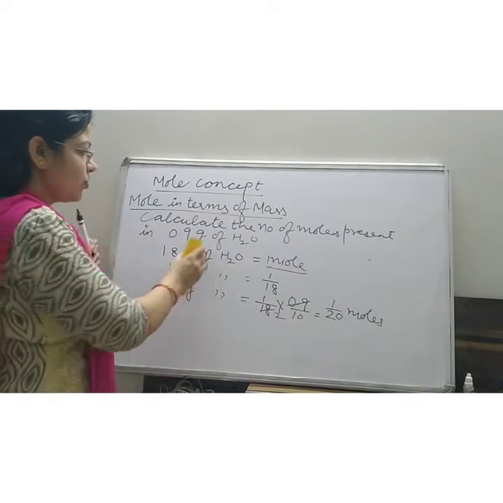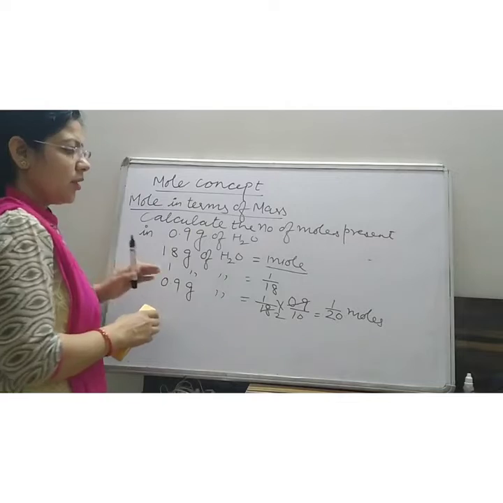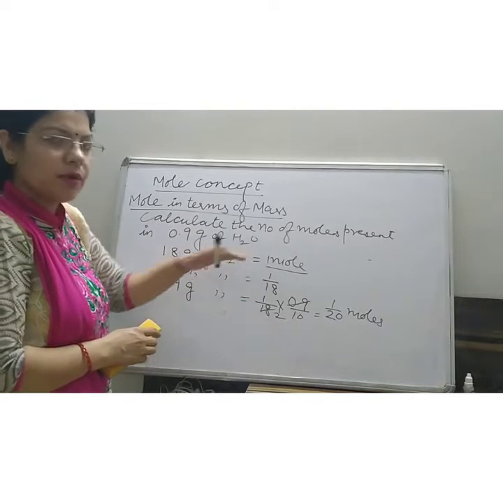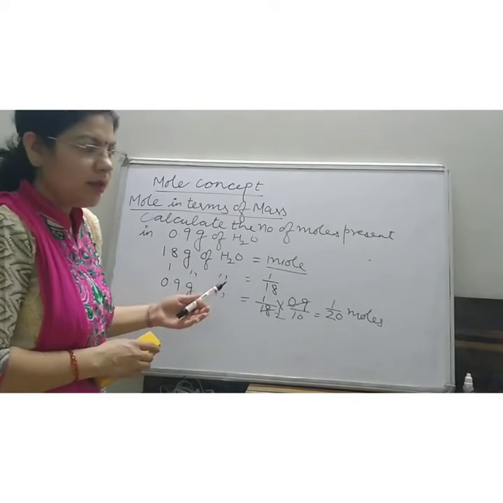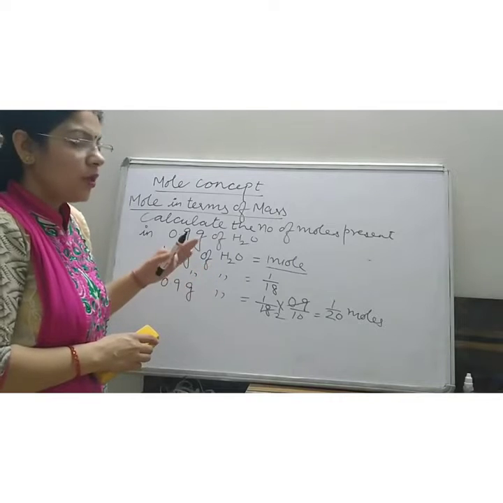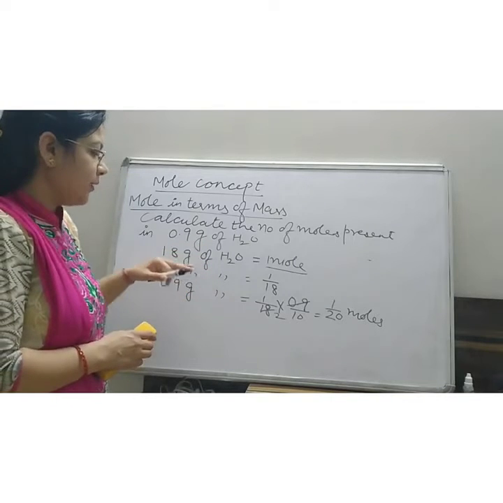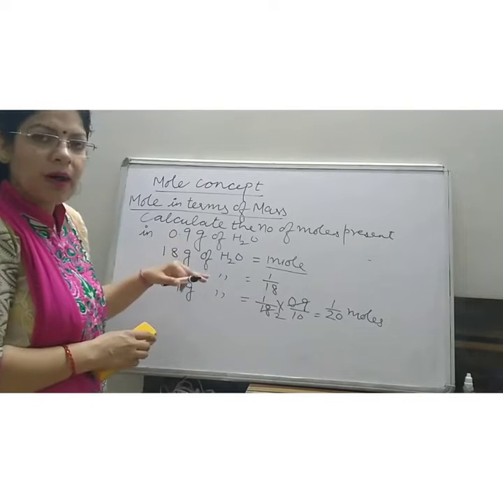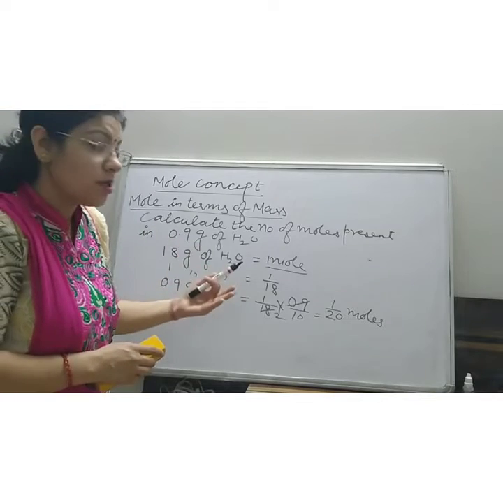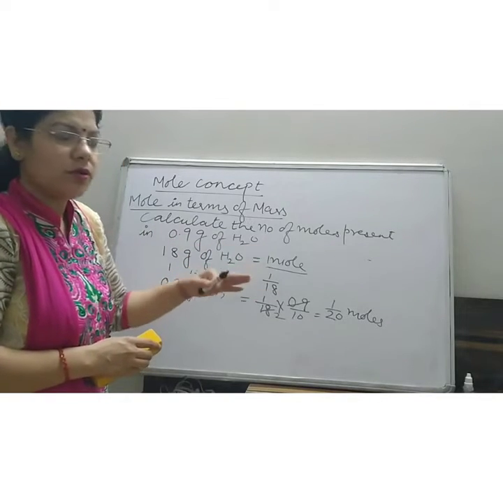Now see the next question related to this. In the previous question we had to calculate the number of moles. Similarly, we can also calculate the mass of the compound or the mass of the substance if moles are given to us.